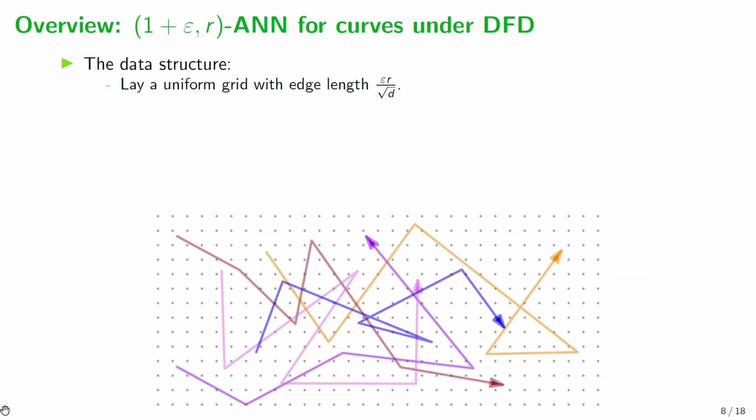The basic idea in our approach is as follows. Start by laying a uniform grid over the input curves with edge length epsilon r over square root d.